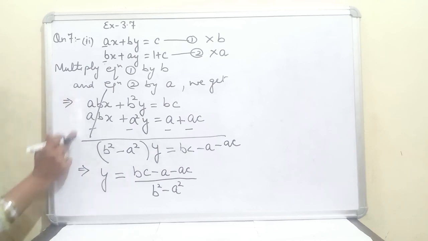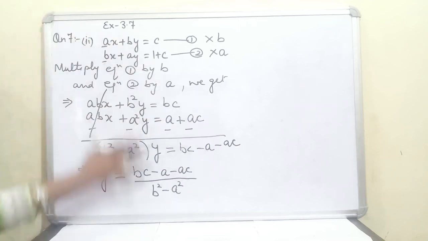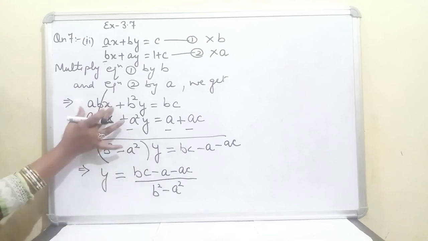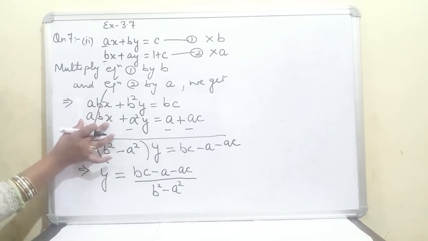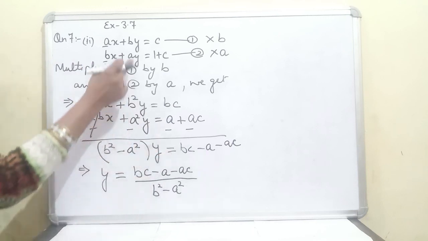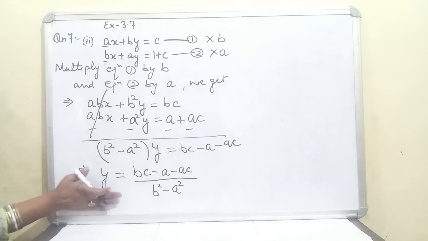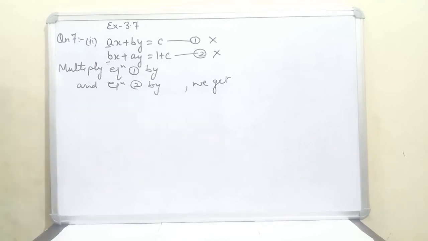I'll just apply this elimination method once again, right? In the same way as we have done here, we made the coefficient of x equal. This time we'll make the coefficient of y equal. So first note down the value of y and then we'll solve for x.